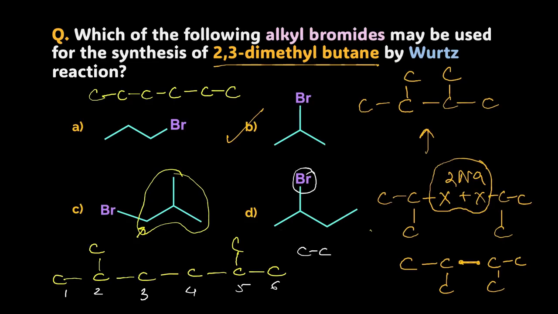So 1, 2, 3, 4, and the coupling will happen from the second carbon because that's where the bromine is. So this is what you end up getting. So it is 3, 4, 5, and 6. So it is 3,4-dimethylhexane. So yes, we have also revised the products that we shall get in all the options, but the right answer to this question is option B.